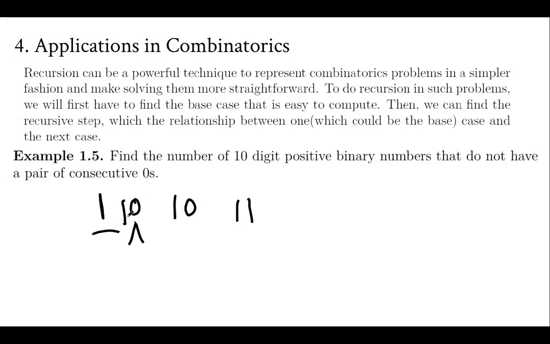So there are two possibilities. We can either add on a 1 or add on a 0 to get a 2-digit positive binary number with no consecutive zeros. Now for a number that ends in 0, it's slightly different because we can add on a 1, but we can't add on a 0 because then we would get a pair of consecutive zeros.